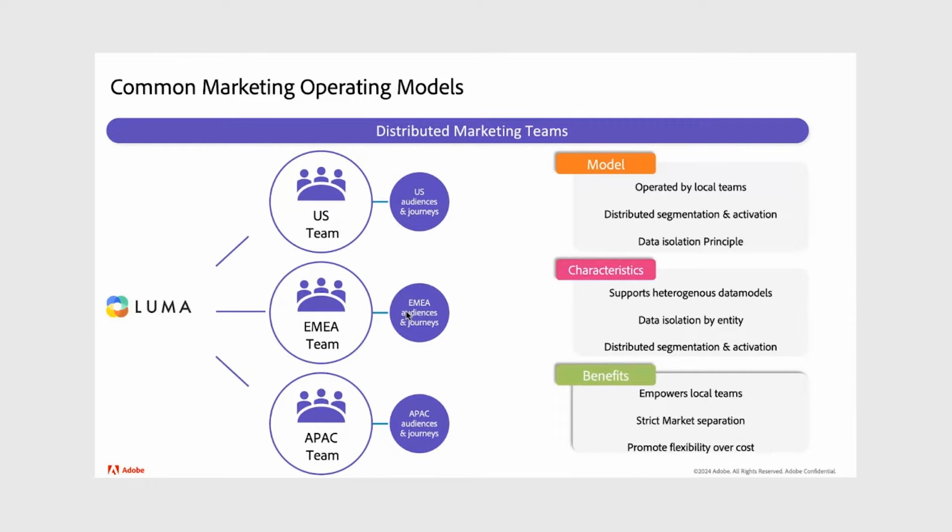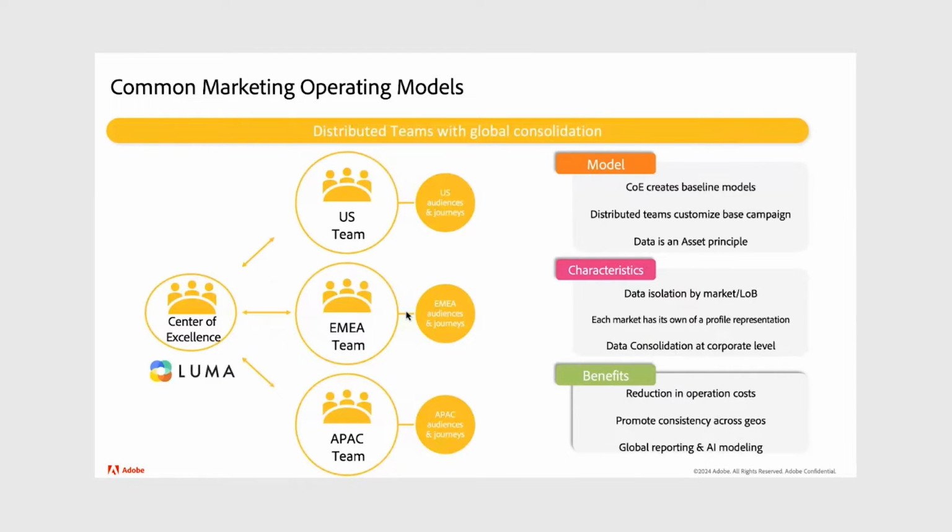One record will live in the US partition, and another record will live in the EMEA partition. But this is by design because you want to keep data clearly isolated across your geos.